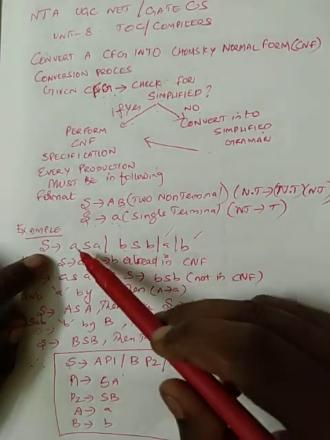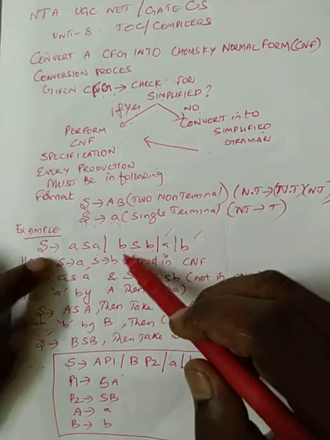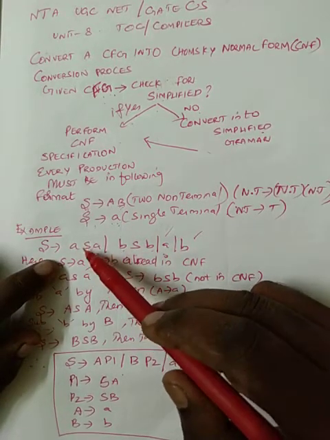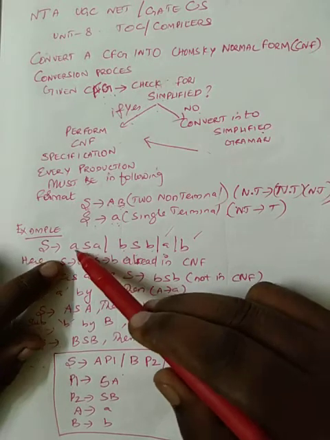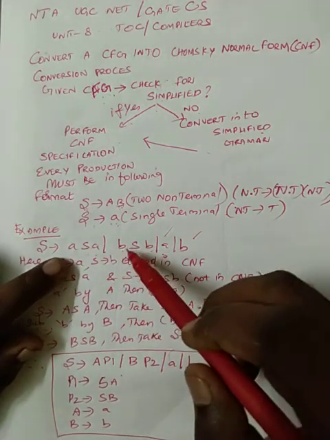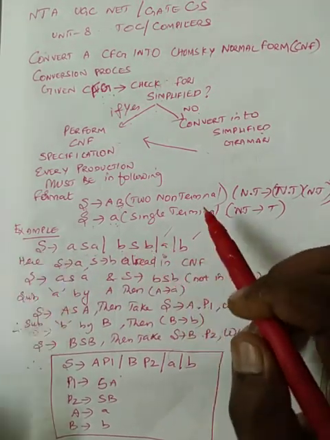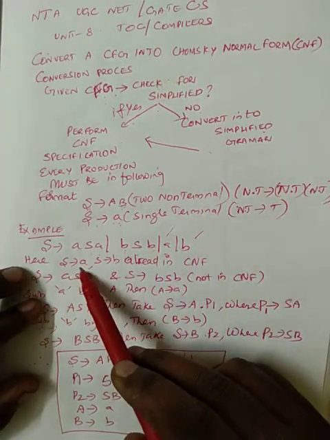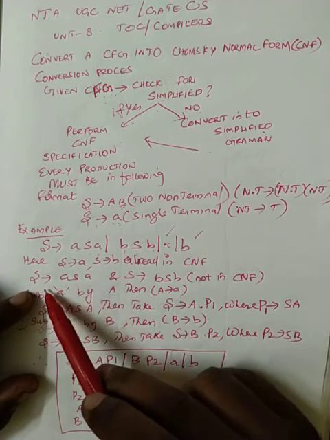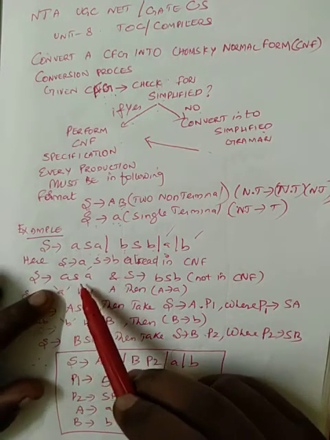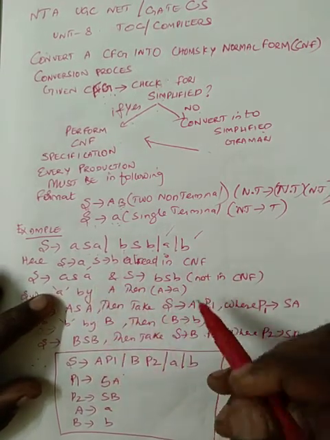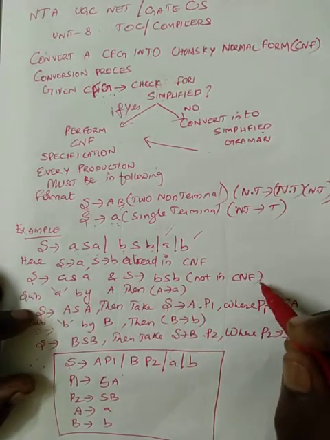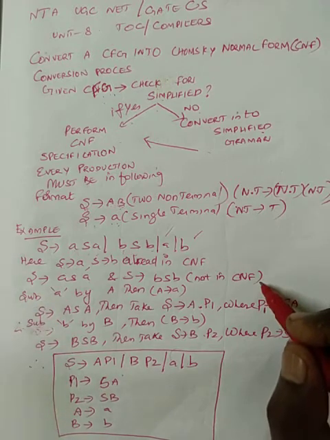The only two productions which are not in Chomsky normal form are a S a and b S b, so you want to convert them. S tends to A B is already there, but S tends to a S a and S tends to b S b are not in Chomsky normal form.